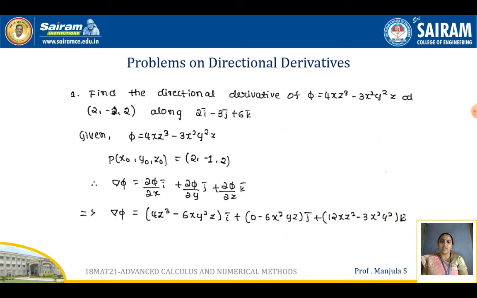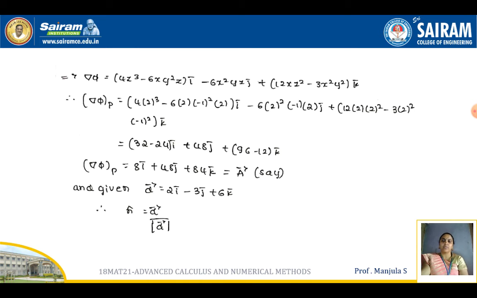Just do the partial differentiation with respect to x, y, z and substitute in the respective places. That can be written as (4z cube minus 6x y square z) i cap plus (0 minus 6x square yz) j cap plus (12xz square minus 3x square y square) k cap. So del phi at the point (2, -1, 2).